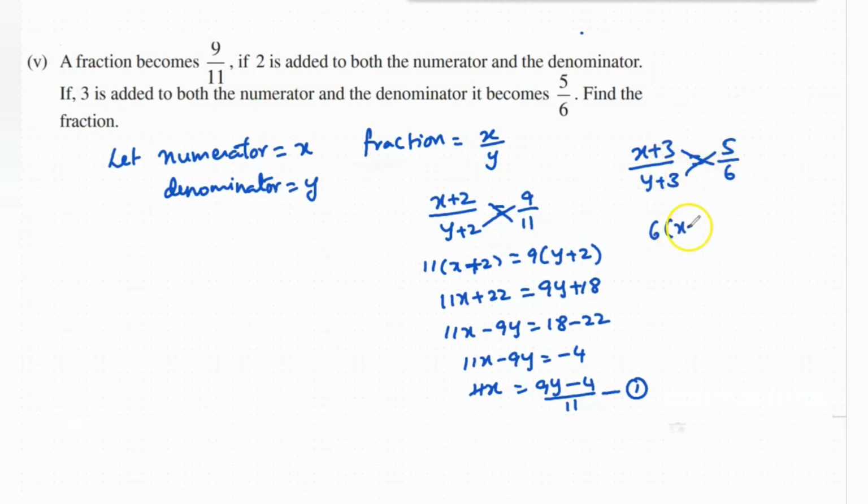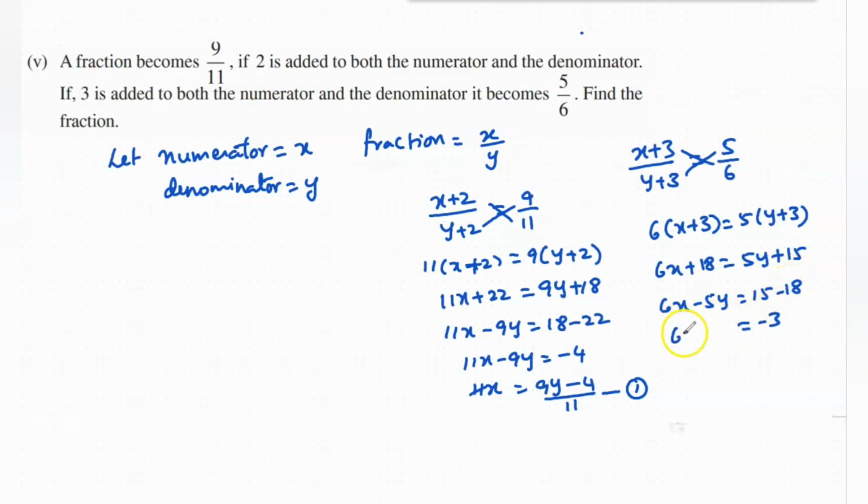6 into X plus 3 is equal to 5 into Y plus 3, which on multiplying, 6X plus 18 is equal to 5Y plus 15, from which you can write 6X minus 5Y, bringing X and Y to one place, 15 minus 18, which is minus 3. So, let us write the second equation as 6X minus 5Y is equal to minus 3, second equation.